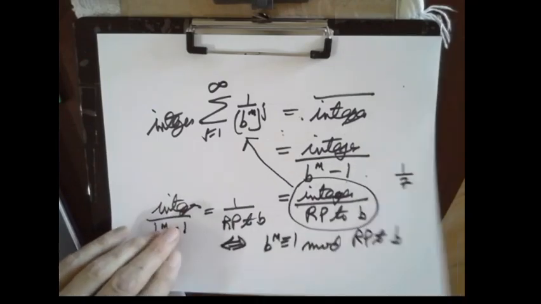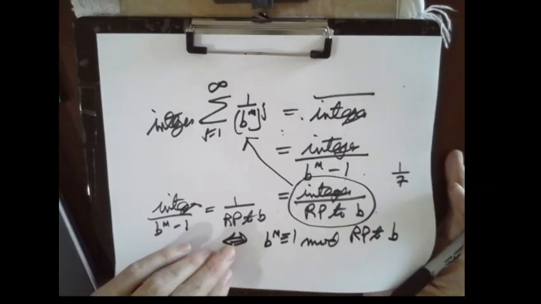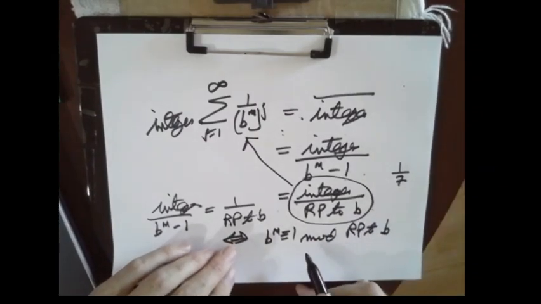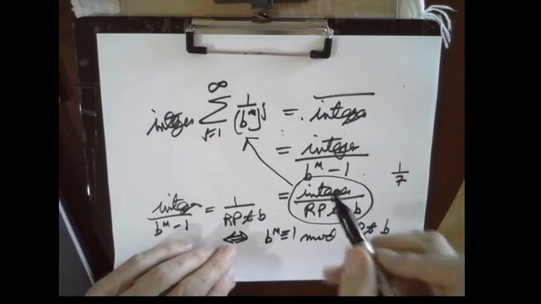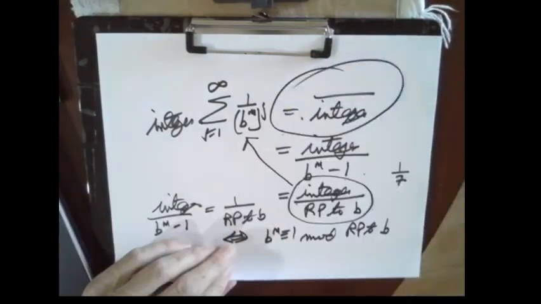So you get a sequence of if and only ifs, and if and only if Euler is true, I'll just call it Euler, this is true and this is true, and then we get up to here.